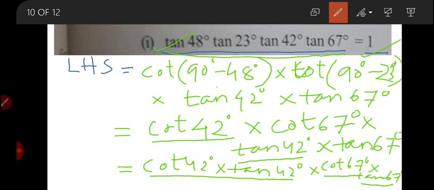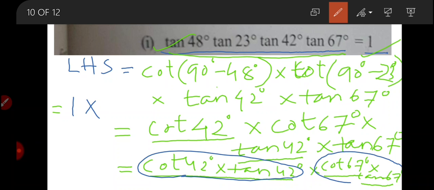So you can write this multiplication value is equal to 1 into cot 67 degree into tan 67 degree. This also gives us one value. So 1 into 1 is 1, that is equal to RHS. Understood?